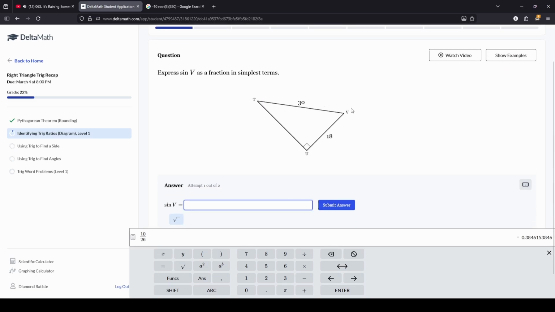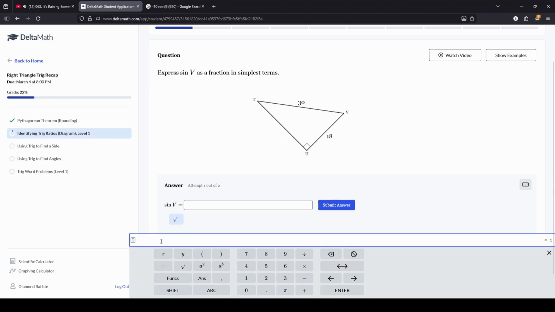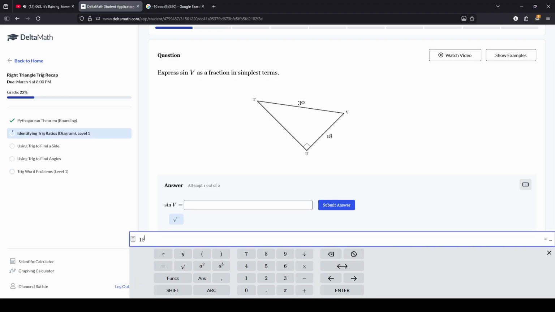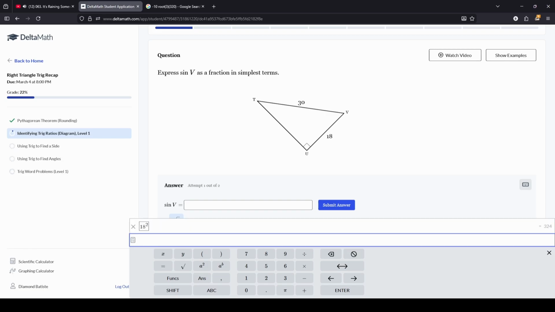Sin V. So this one's the bottom right, which means that it moves to left and right, right? Yeah, I think that's it. Okay, so we need to find this one, which means you have to first do this, 324 and 30.